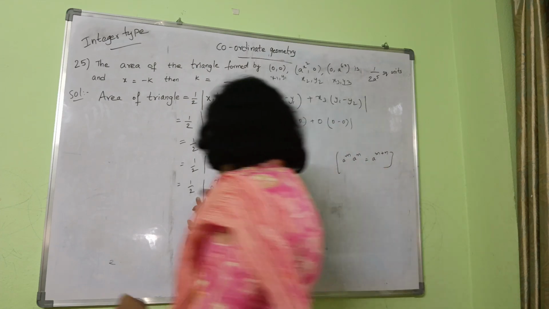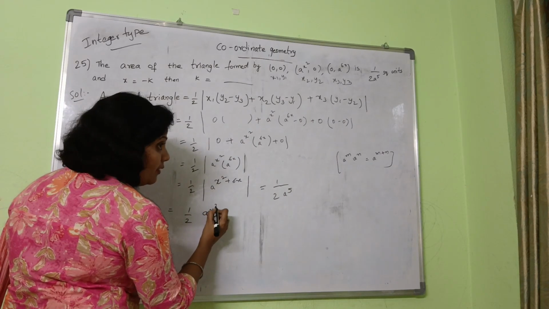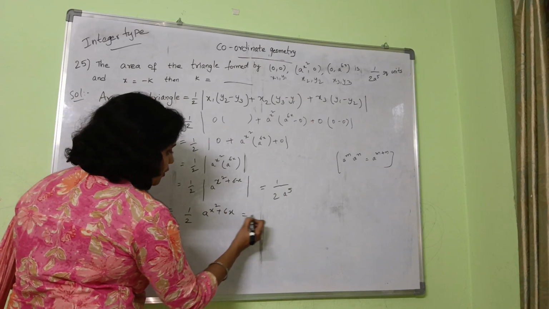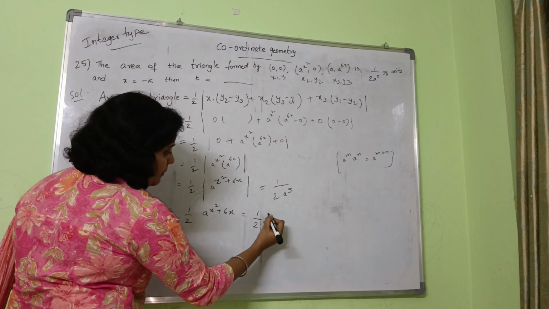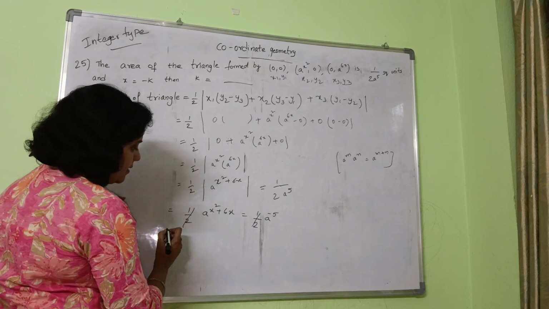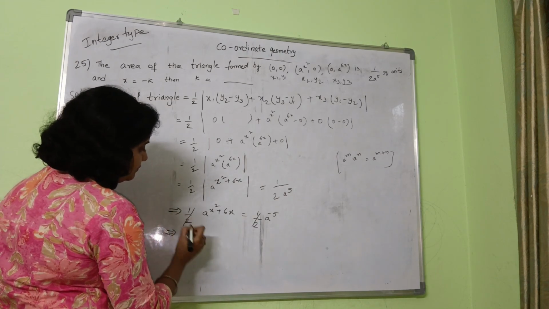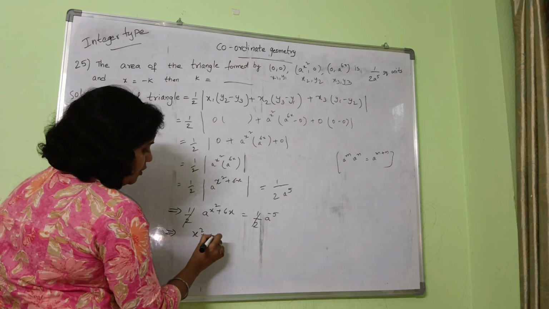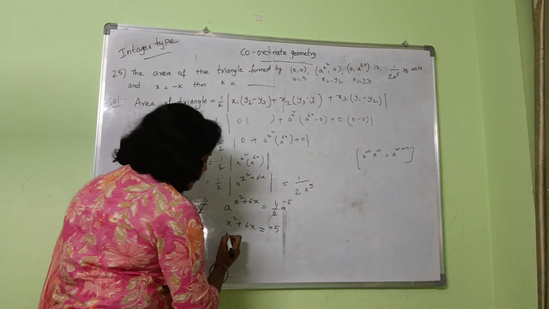Okay. Now I am splitting these terms. 1 by 2 into a^(x^2 + 6x) is equal to 1 by 2 a^5. So a^5 I am writing and taking to the other side, then the power will become minus. Okay. So 1 by 2 gets cancelled. Now what we got? x^2 + 6x is equal to minus 5.